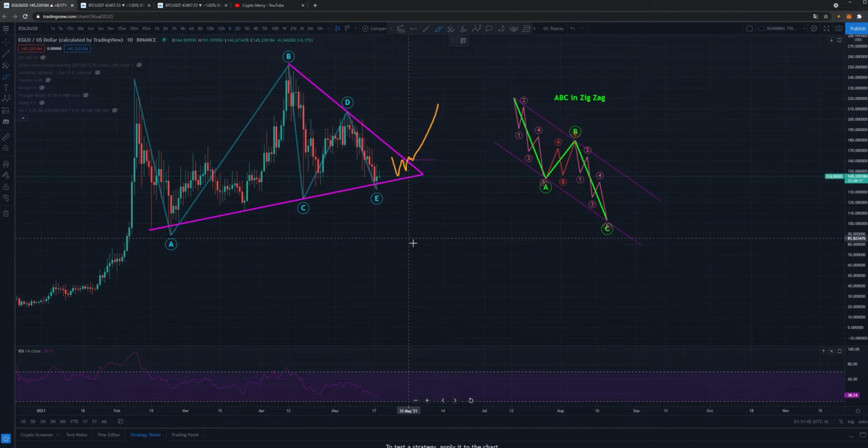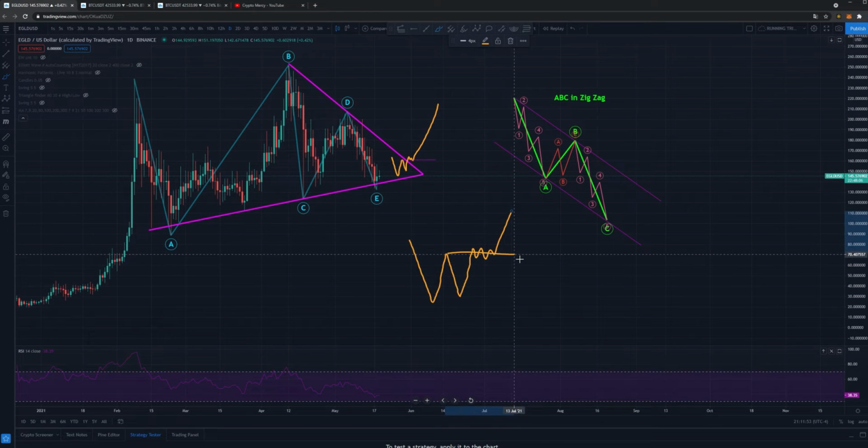Maybe you don't see so well, but it looks like this. Okay, and you have the neckline right here on the middle of the W. And this is what we're going to wait for.